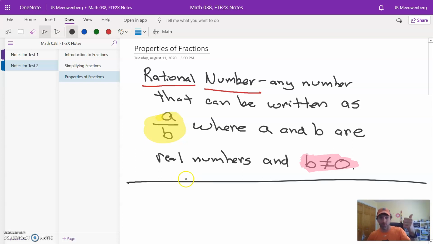Pi. The number pi is an irrational number. You may know of it as a decimal, 3.14, but it really has decimals that come after that. They just go on with no pattern, no repeating or anything. And so those are irrational numbers. All the other numbers, the rational ones, there's some way to write them as a fraction.